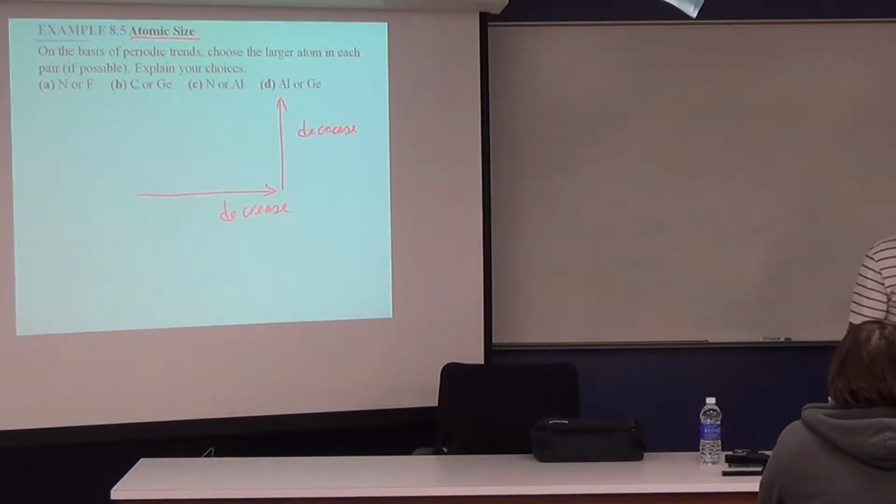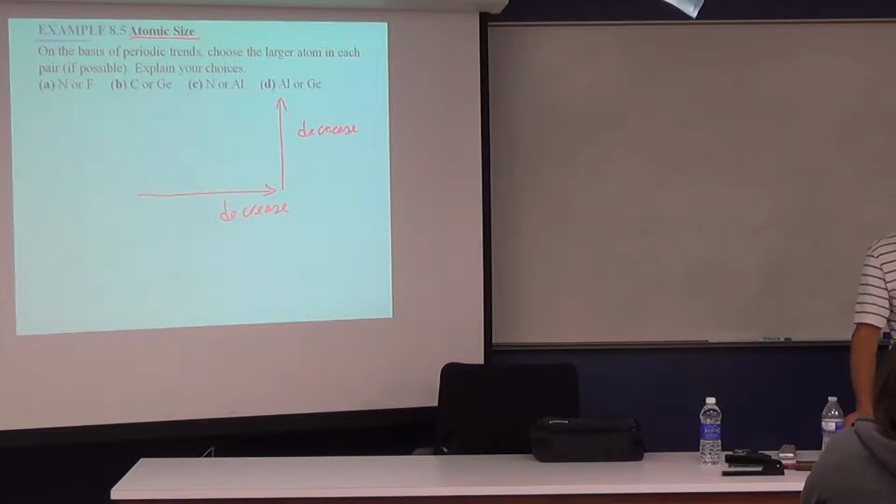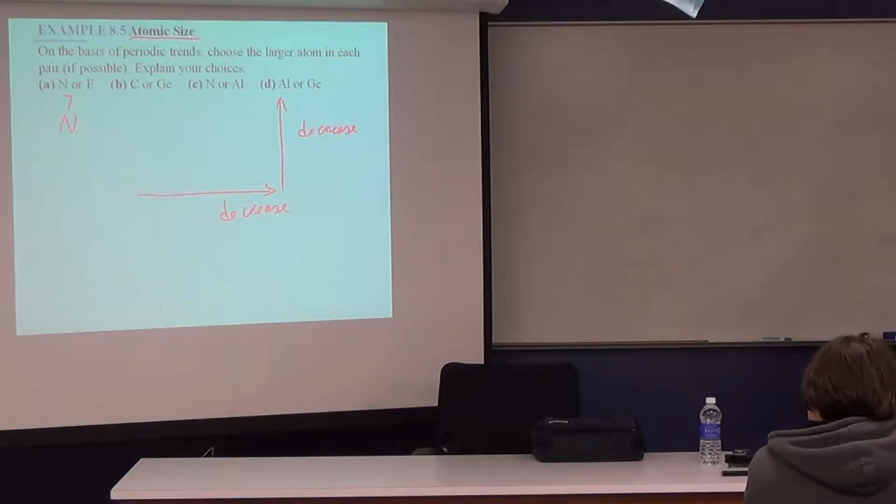For the first two elements, nitrogen and fluorine, N and F, these two are in the same period, and N is number 7. This number 7 is the atomic number. Both of them are in the second period.